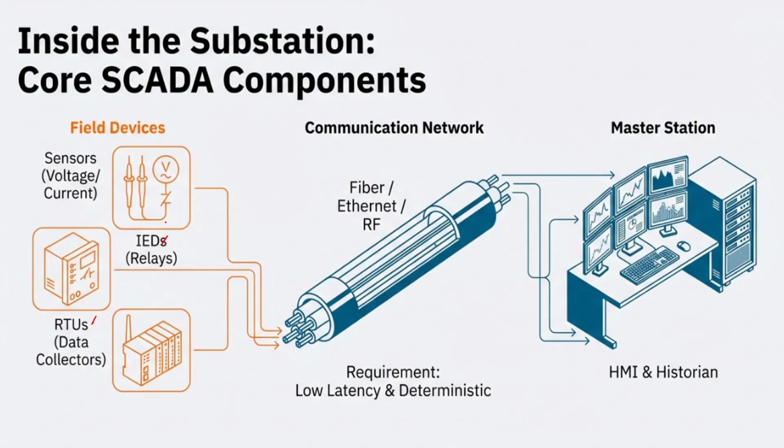And the IEDs are called intelligent electronic devices. Let's say it could be a relay, it could be a breaker, but it should be of the latest generation of devices, right? And coming to the RTU, it is remote terminal units. So these are all the units where we acquire the data. So basically they are data collectors.